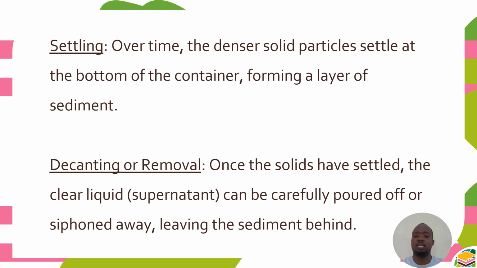Once the solids have settled, the clear liquid can be carefully poured off or siphoned away, leaving the sediment behind. So you cannot do sedimentation without settling, because you are allowing the mixture to settle so that sediments must be formed. Once the sediments have been formed, you use decanting or removal.